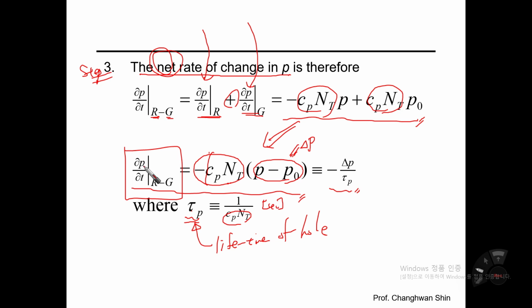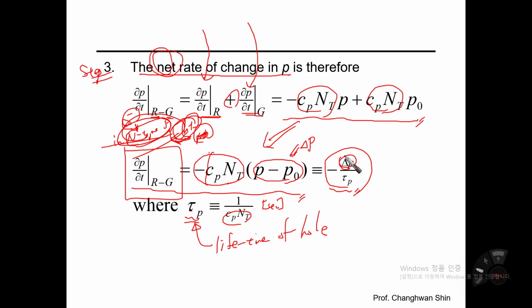Okay, so take a look at the conclusion. In n-type silicon material, a bunch of holes are now injected. Then those injected holes should be recombining with electrons in the n-type material because n-type has a bunch of electrons. Then the question is how the hole concentration in this n-type material varies. The answer: ∂p/∂t by R and G is minus delta p over tau p.